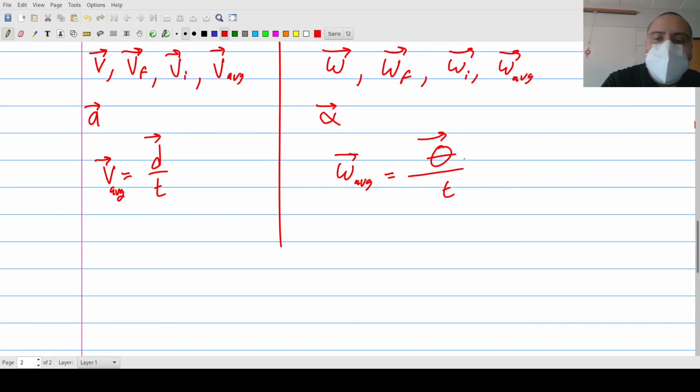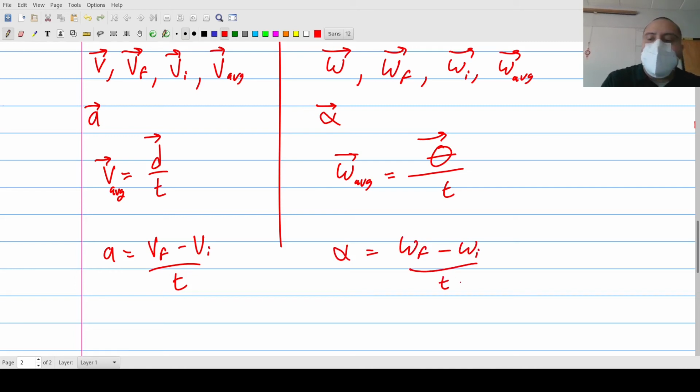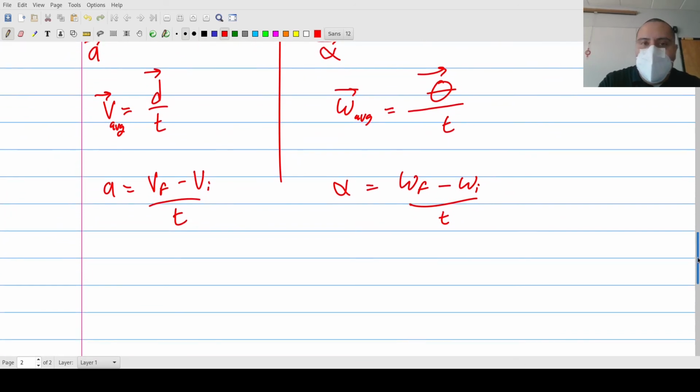We have acceleration equal to v final minus v initial divided by time. In the angular system, we have omega and alpha. Alpha is equal to omega final minus omega initial divided by time. So you can see there are a lot of parallels and similarities.